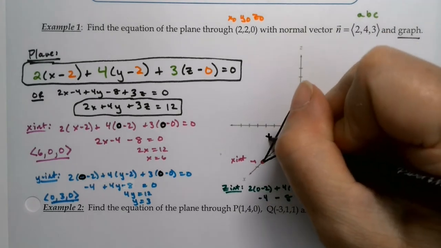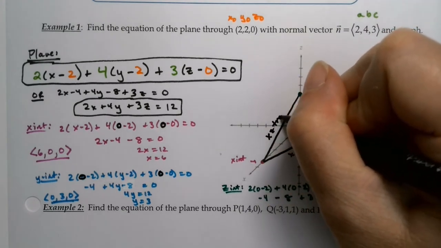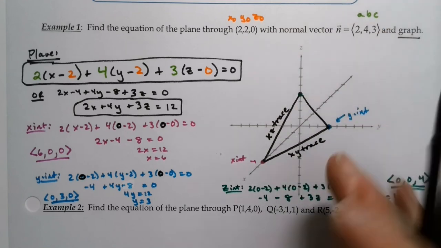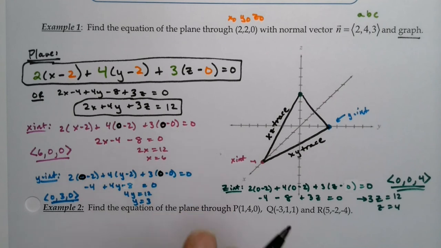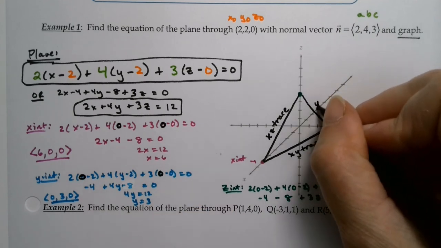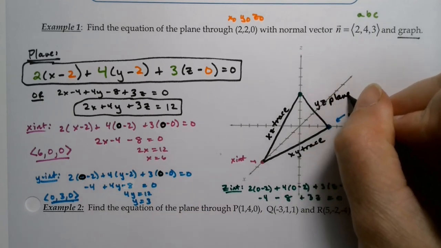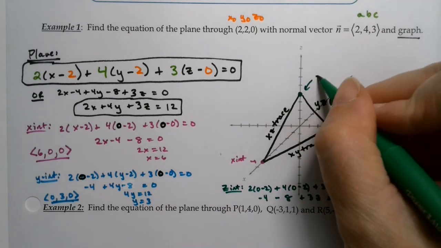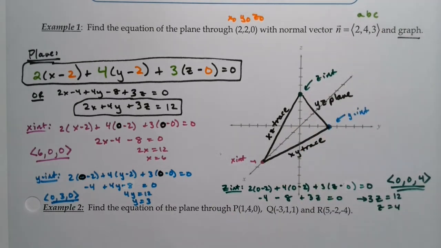This is the XZ trace. Right? It's where the X and Z plane hits that plane that you are drawing. And then this is the YZ trace. Again, it's where your YZ plane intersects the plane you're trying to draw. And up here, I forgot to say, that's your Z intercept.